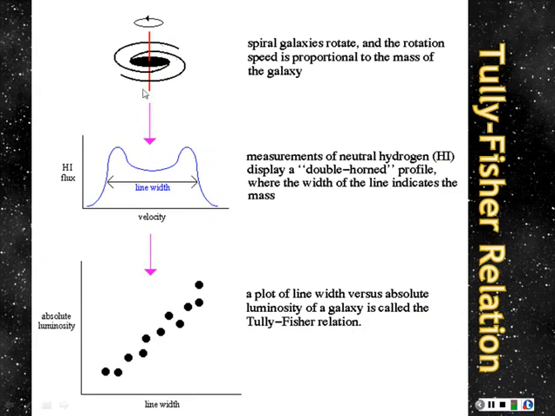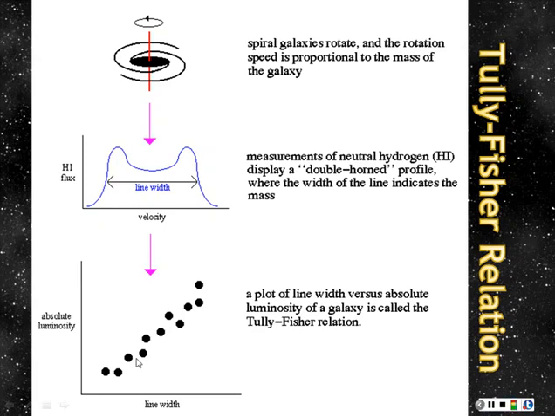And then, since we can measure the distance to galaxies using Cepheids, using main sequence fitting, and using supernovae, we can show that this width that you get is actually correlated very well with the absolute luminosity. So what is the total brightness of a galaxy? How wide is this line? And if we plot them again, we get a really nice correlation.